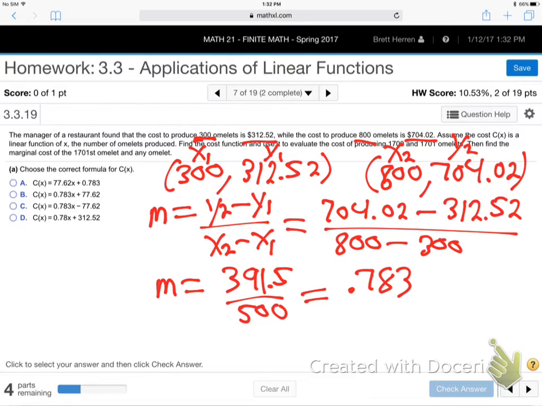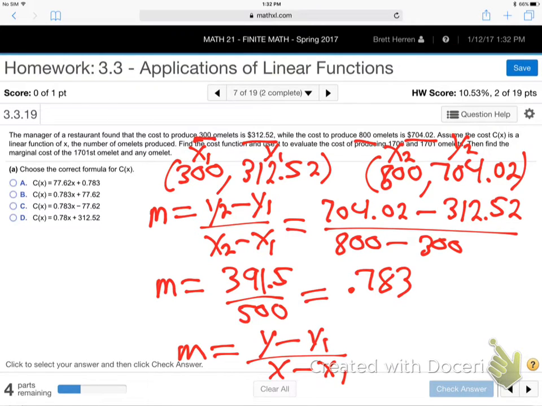And now use the slope formula a second time. And this time it's the plain x and plain y. Remember that? And you take one of the points and you plug it in. It doesn't matter which one.